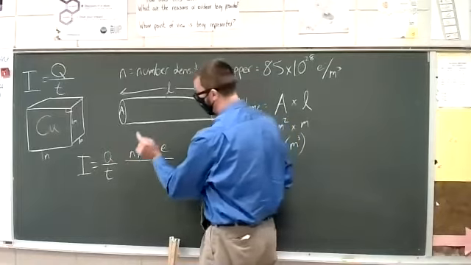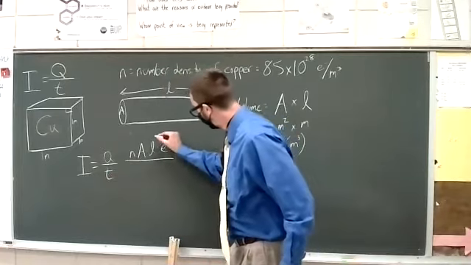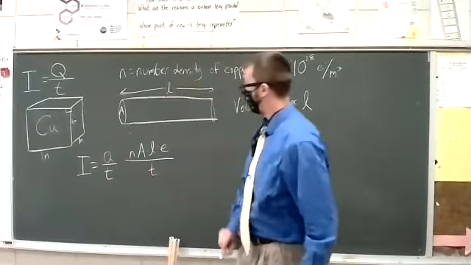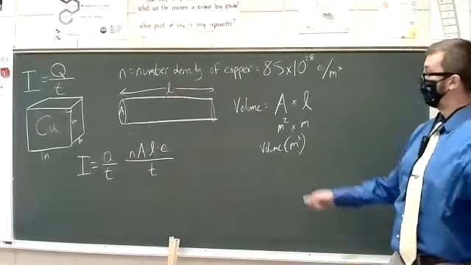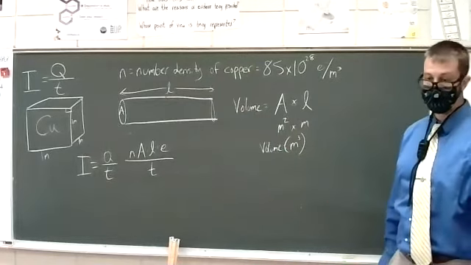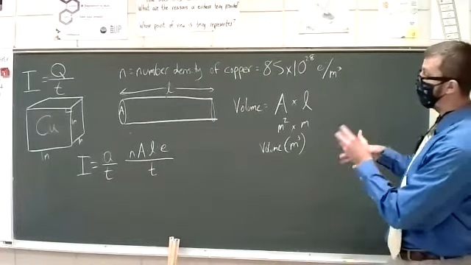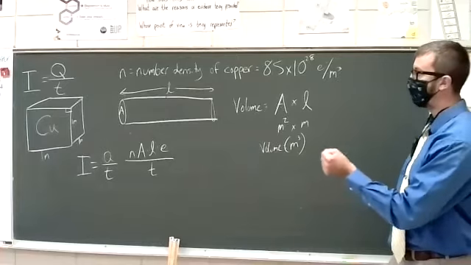But I'm going to choose to put this t right here, underneath the L. And that is not arbitrary. I did that for an important reason that I want you to think about right now, considering the whole goal of this was to come up with an equation that includes velocity. The mean drift velocity.